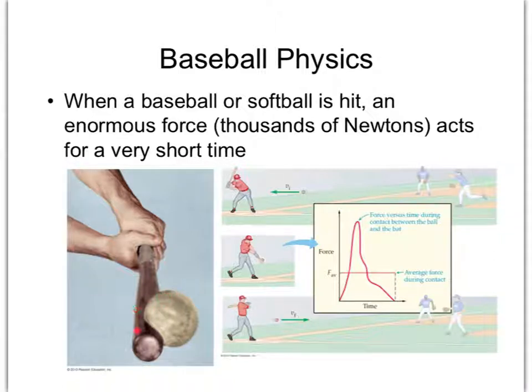Well, in this picture, it seems like it is, but it's really just a very high-speed picture. That bat and ball, I guess it looks like a softball, not really a baseball, are in contact for a very short period of time. So that force right there is applied for a very short period of time. Remember what I said before about the relationship between force and time.